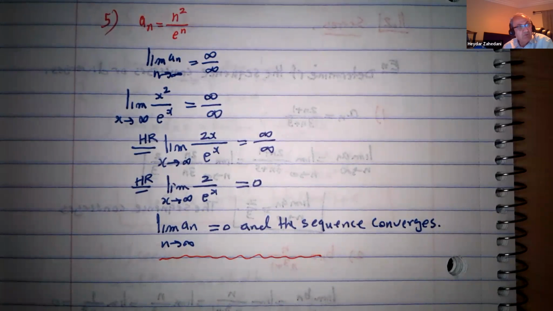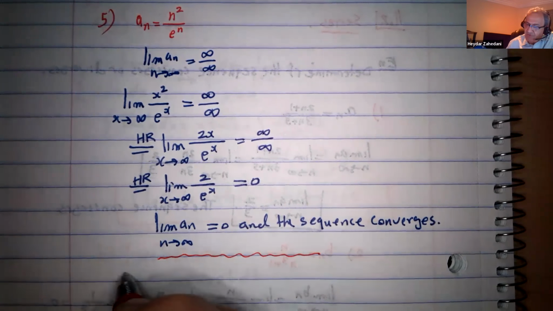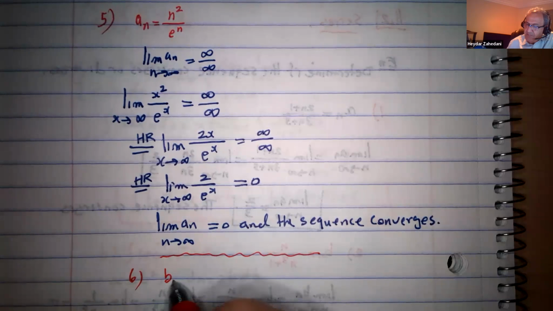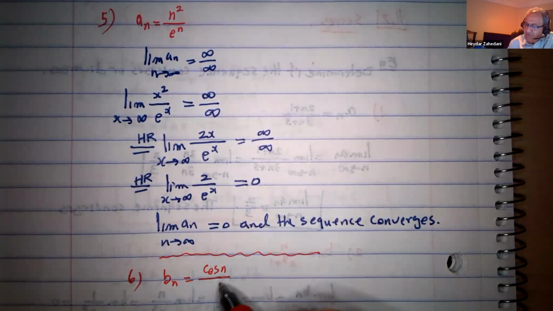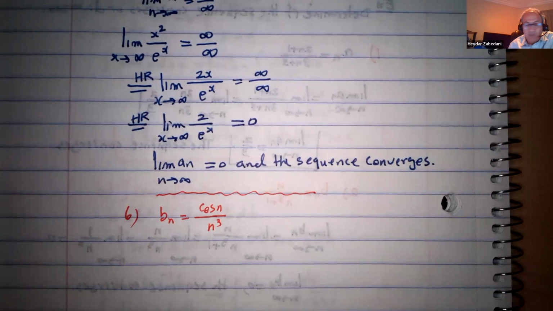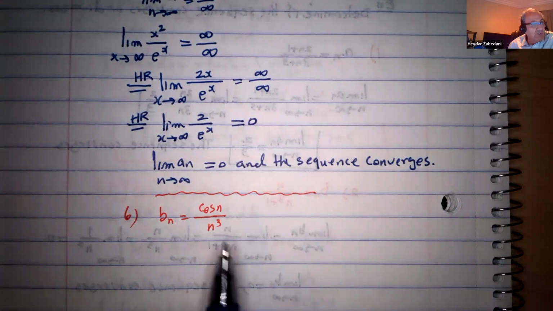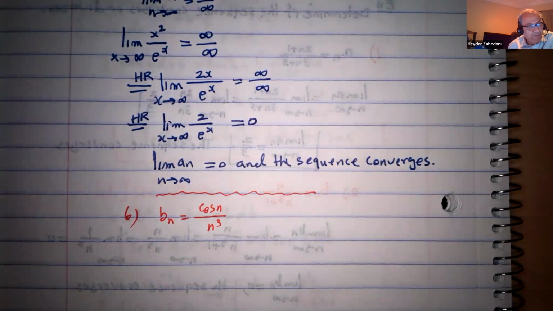For those, I gave you one the other night where you have to use the Squeeze theorem. I'll write one more for you so that you know that. You may have b_n equal to cosine of n over n cubed. We're going to see this type later on. It's the Squeeze theorem.